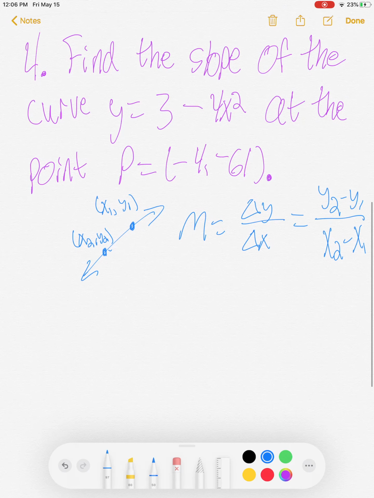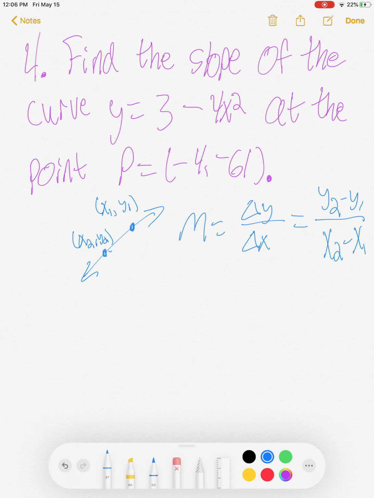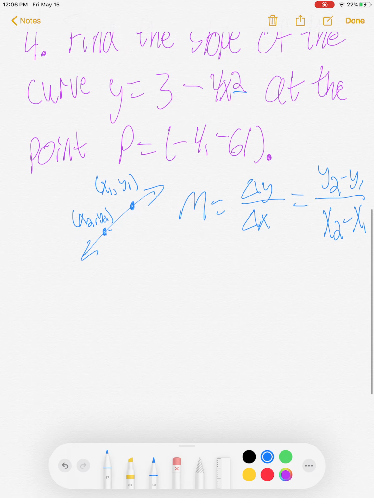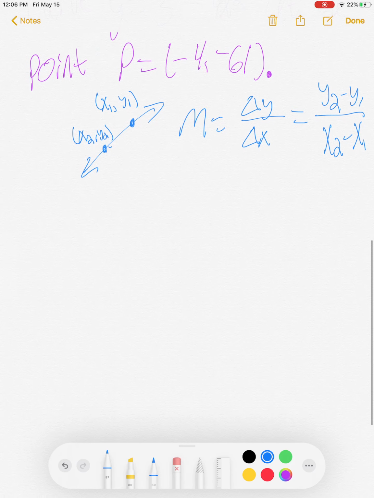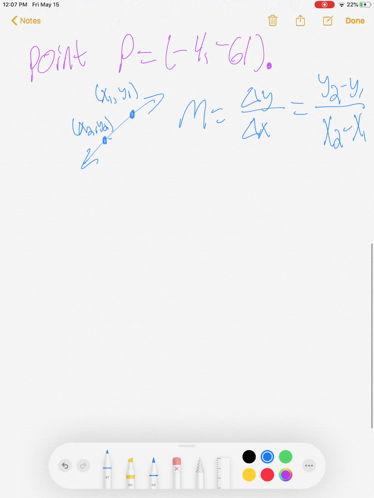We're comfortable with calculating the slope of a line. But now we're asking the slope of something which isn't a line. This, in fact, is a parabola. We can see that because I've got this square here. So this is where things are new. However, we're going to do it in a very similar way.